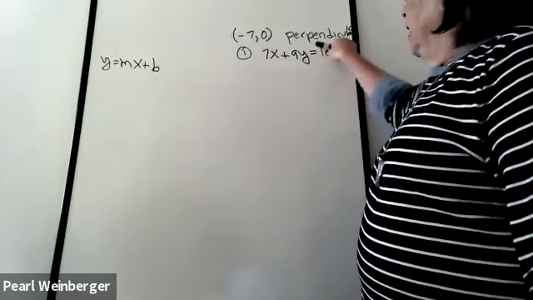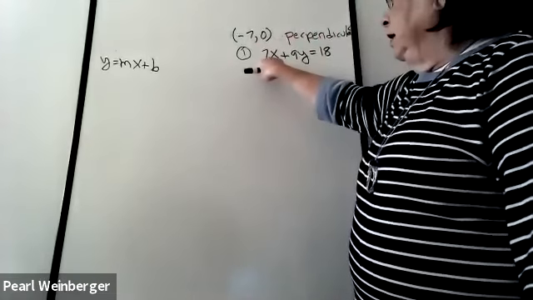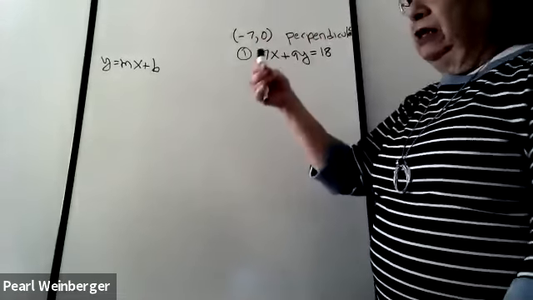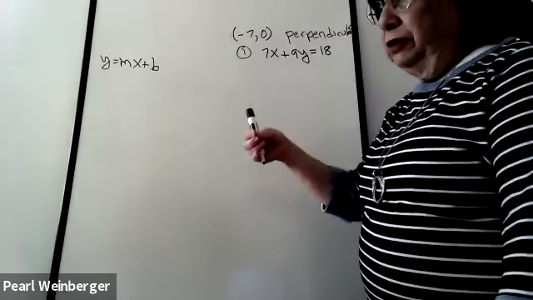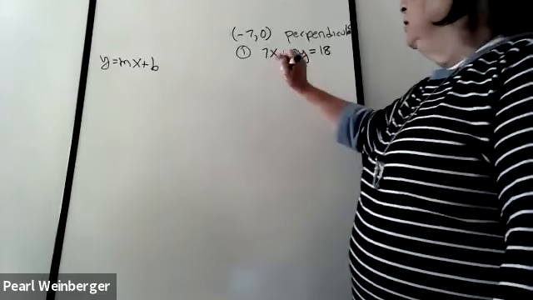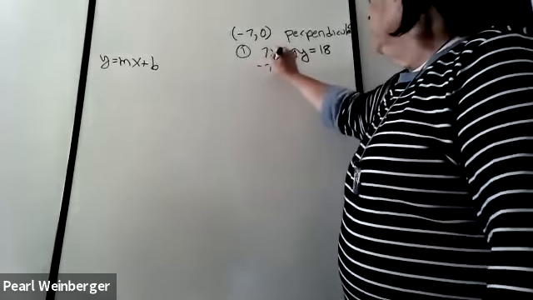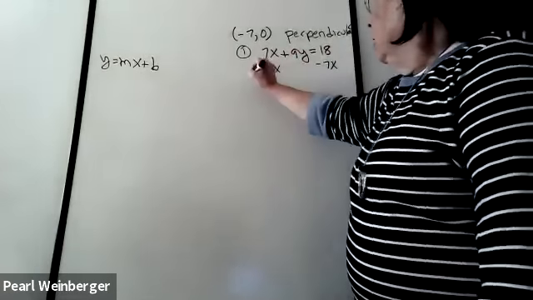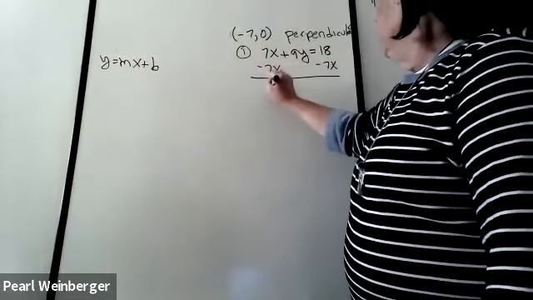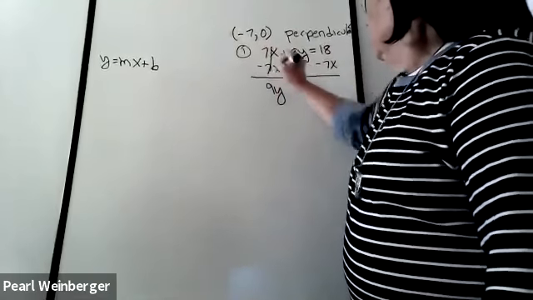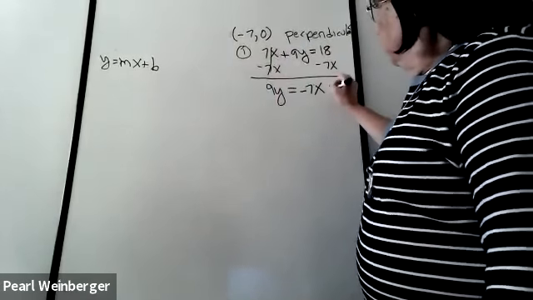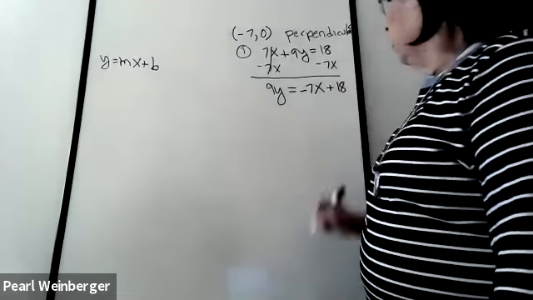So what I have to do is put this line in the y equals mx plus b form, so I can see the slope by looking at the number in front of the x, the coefficient of the x. So first bring the 7x to the other side. So this will give me 9y equals -7x plus 18.